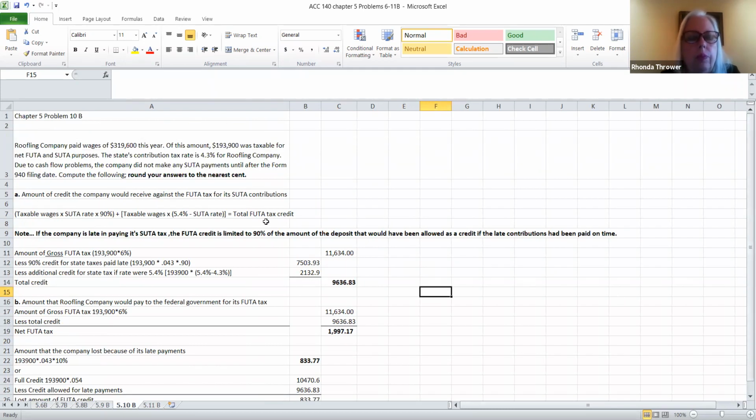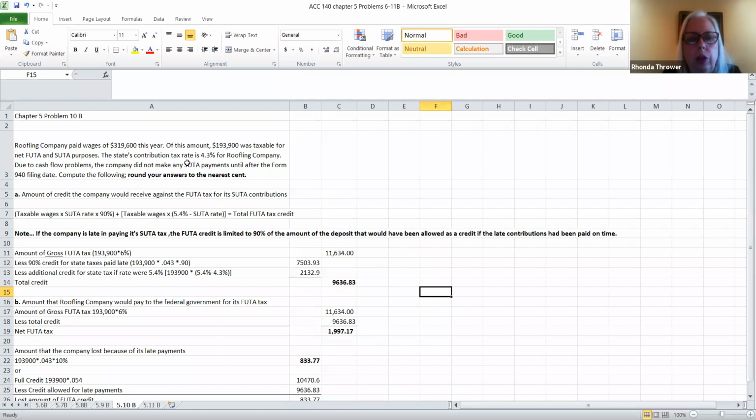On the next problem, 10B, Roofing Company paid wages of $319,600 this year. Of this amount, $193,900 was taxable for net FUTA taxes, and $193,900 was also the amount of taxable wages for SUTA purposes.